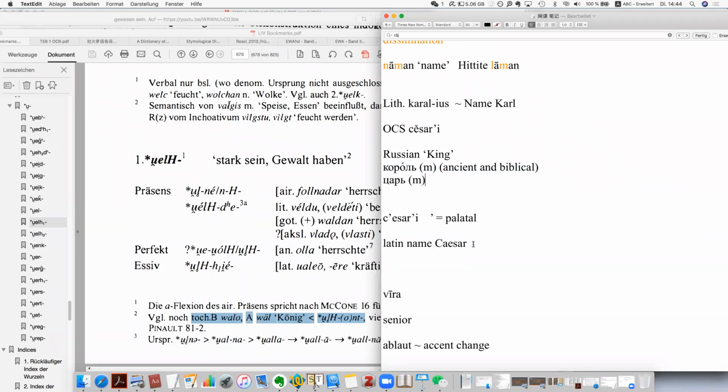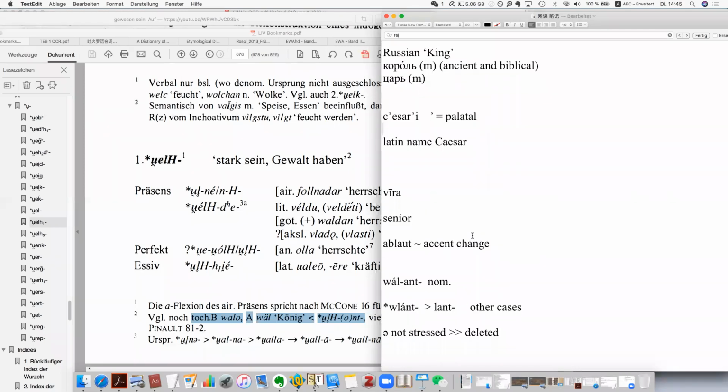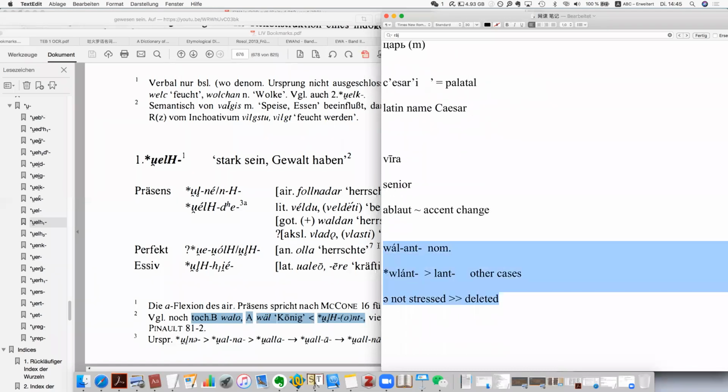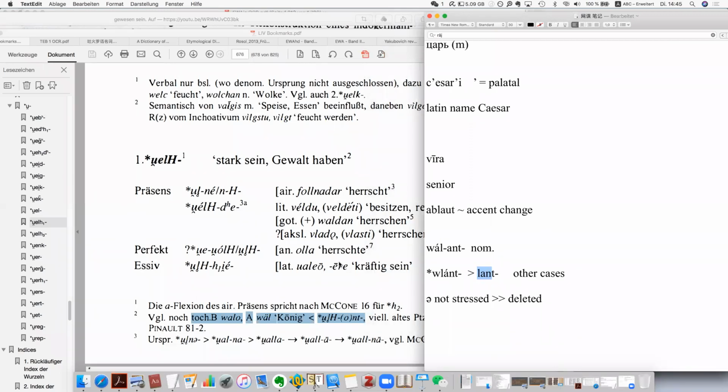Caesar comes from the Latin Caesar, and Karar or Karoi comes from the Germanic personal name Kar. And then the Tocharian word for king has upload, wardo and lant. It comes from this root meaning to be strong, connected with the Latin word valere. Okay, so this is everything for today.